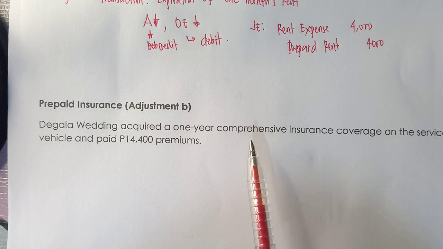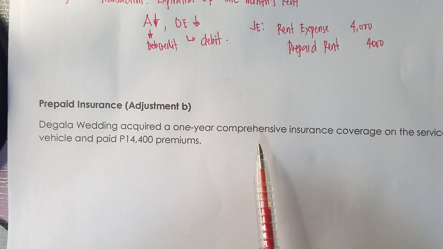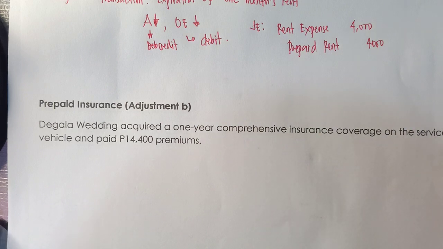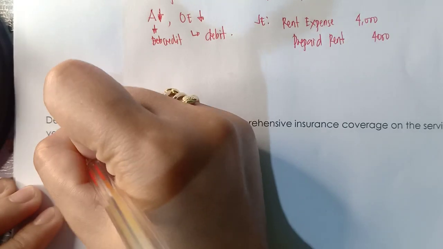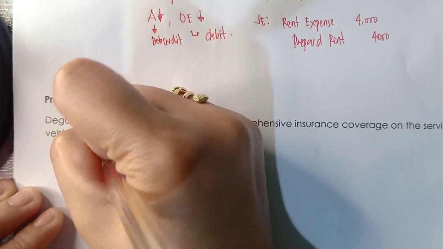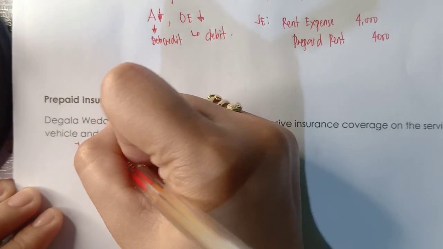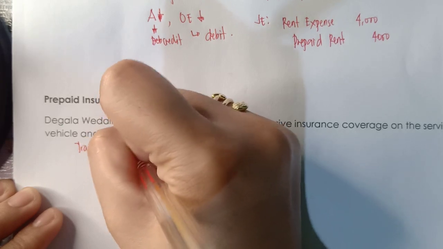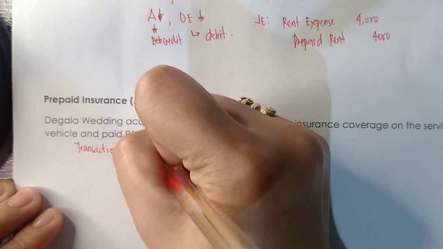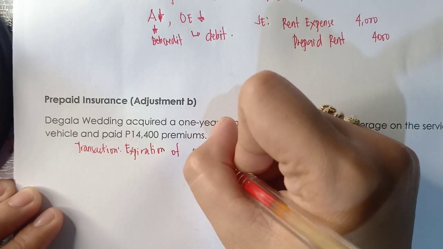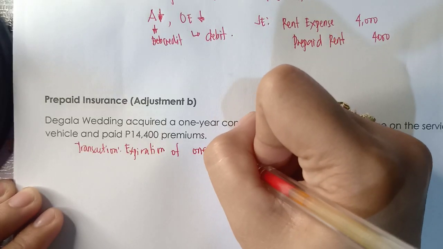So, the adjustment is analyzed and recorded as follows. The transaction is the expiration of 1 month's insurance.